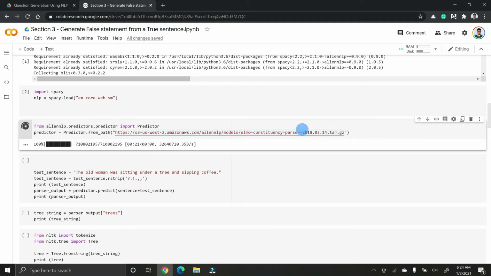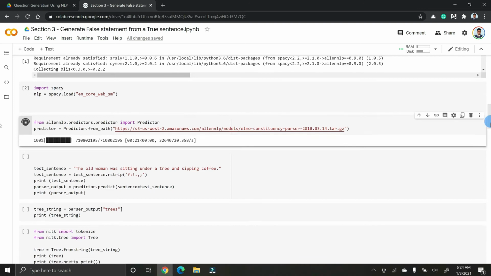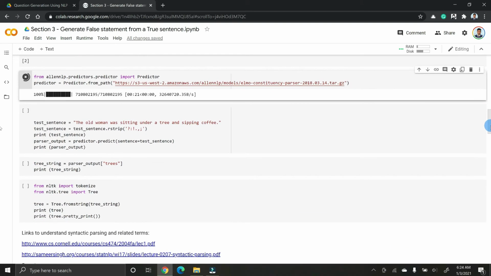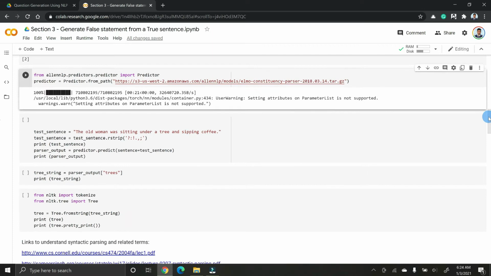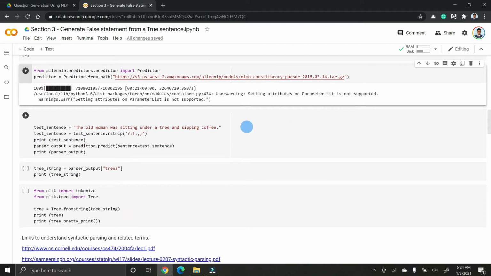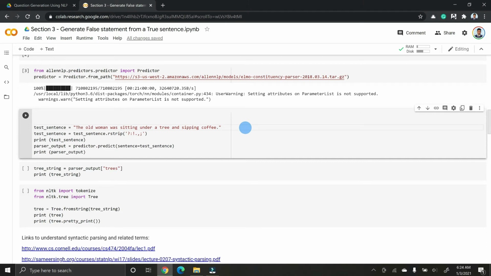Now that we are done with the installations, downloading the model and all the imports, let's get started with the actual code. In this section, our goal is to take a sentence like this: the old man was sitting under a tree and sipping coffee, and split this sentence at the ending noun phrase or verb phrase and get the split sentence.